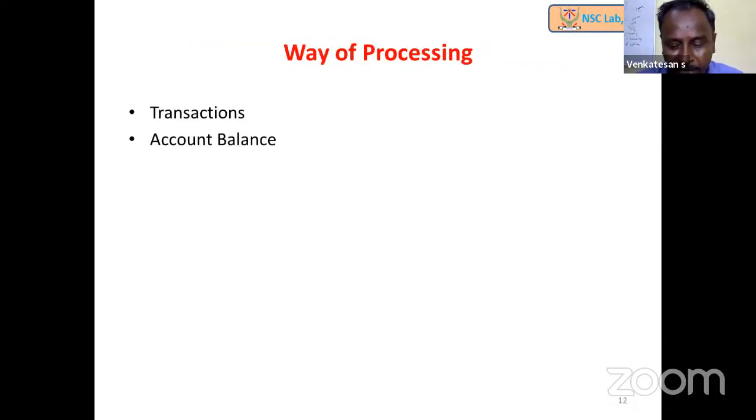So how is Bitcoin getting processed? It is getting processed as transactions, not as account balance. So let's see these two things briefly. What the account balance is: for every user, let's say Alice, Bob, and all other users, they will be having their account numbers.